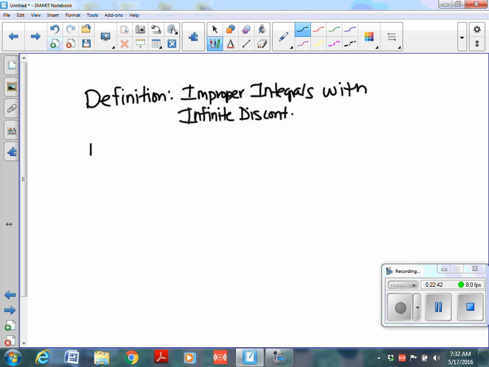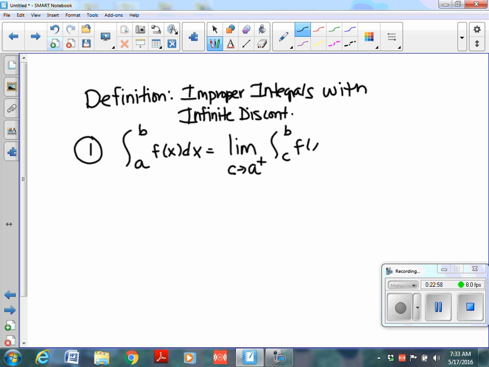So here are the 3 rules. You're integrating from a to b, f of x dx. You need to do the limit as c approaches a from the right, integrate from c to b, f of x dx.